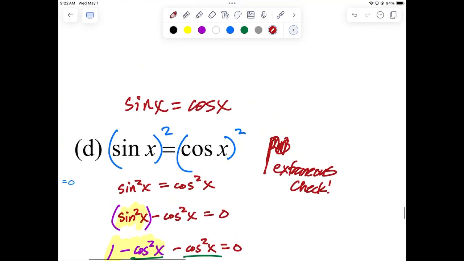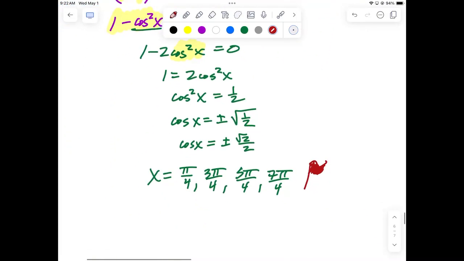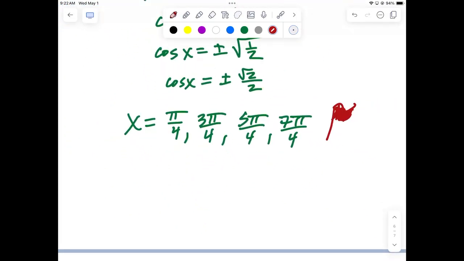Now, on the unit circle, that means the sine and the cosine have to have the same value for the ordered pair x comma y. The exact same, don't they? All right, at pi fourths, are the x and y coordinates the same? Yeah, they're both positive square root of 2 over 2. What about 3 pi fourths? Are they the same? No, x is negative and y is positive.